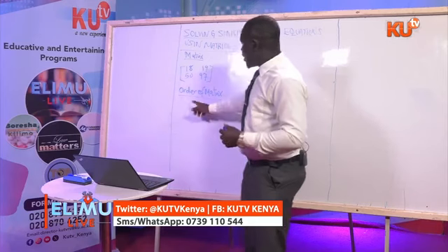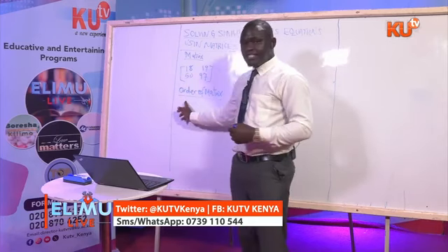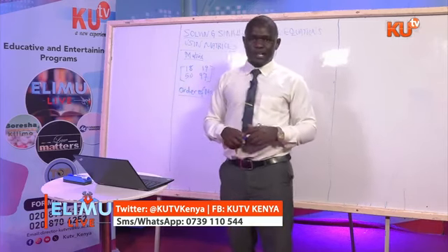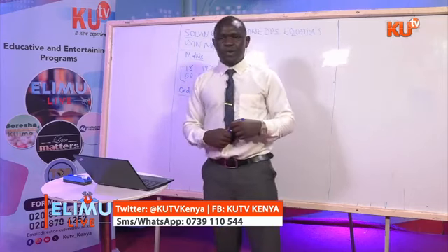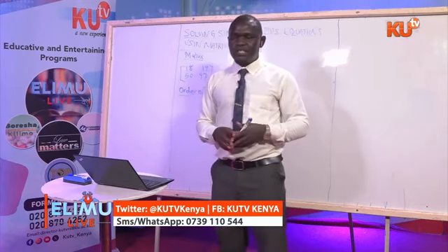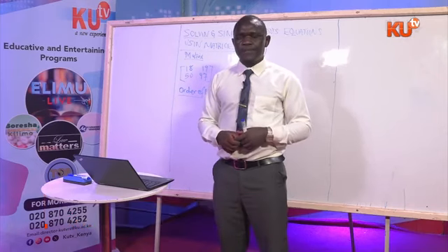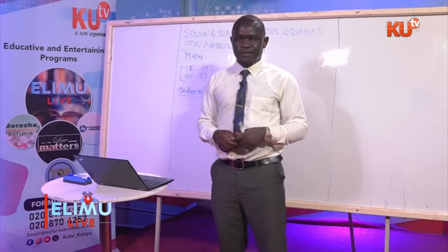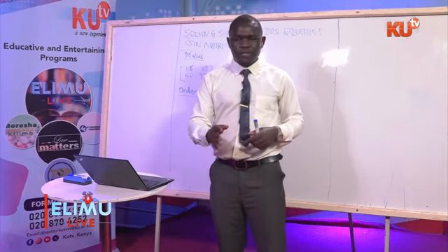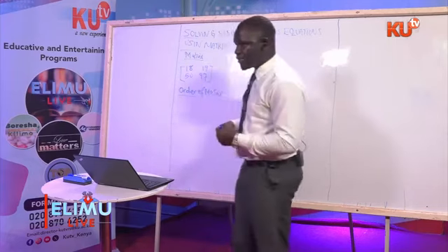The order of a matrix is defined by taking rows times columns. You look at your matrix, look at how many rows it has, then look at how many columns it has. The number of rows and columns gives you the order of a matrix.